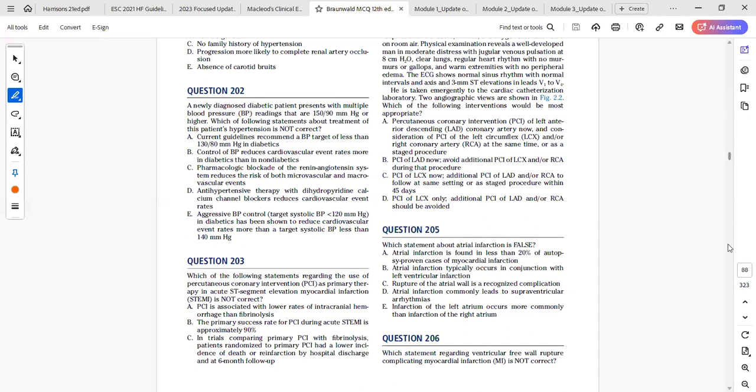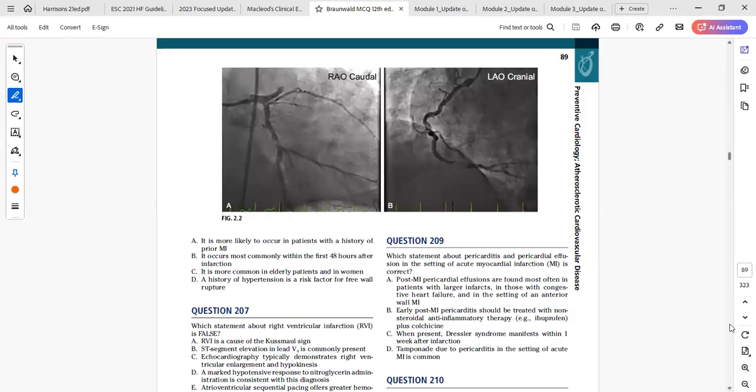So obviously, this is an image that was taken. That's an angiography that was done on the patient. The image on the right is the right anterior oblique, while the left is the left anterior oblique. Honestly, I may need some seniors to explain this imaging more.